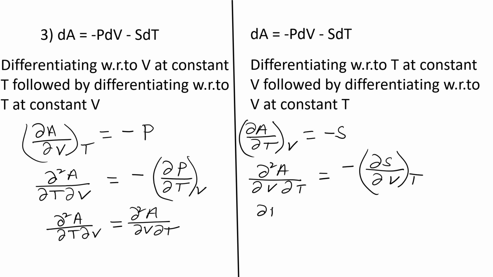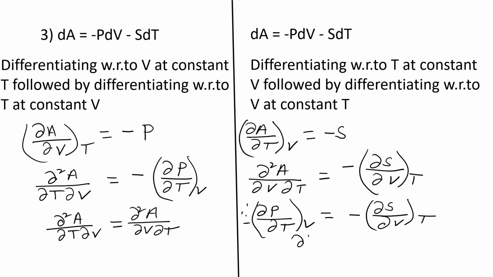So what we can write? Therefore, ∂P/∂T at constant volume is equal to, both sides minus is there, I write here minus first, minus is equal to minus ∂S/∂V at constant temperature. Both sides minus is there, no?